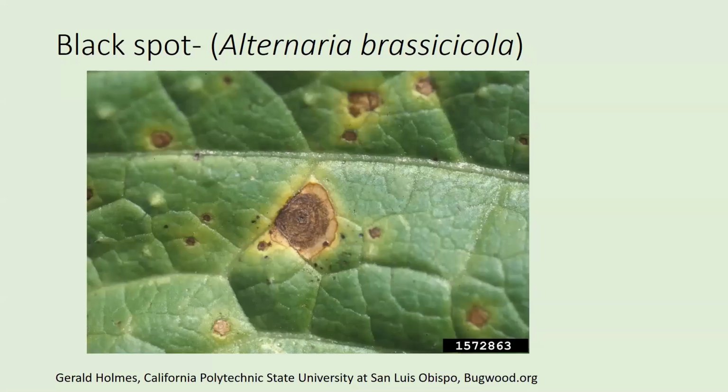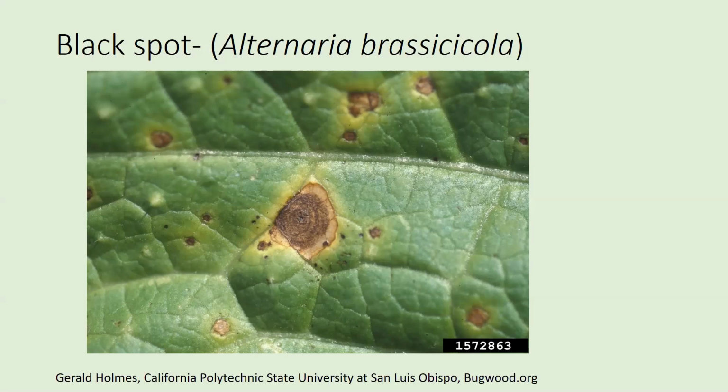So we're going to start off and talk about some of the issues that we see with brassicas. And one of them that we see is black spot, which is of the Alternaria species. One of the key things about the Alternaria is that it will start off with a yellow spot that develops, and it'll enlarge, and it makes concentric rings.